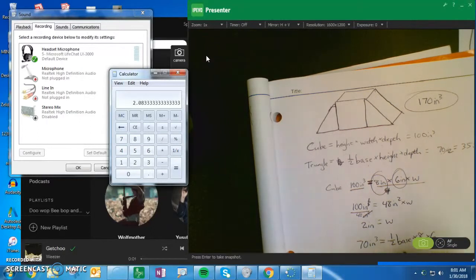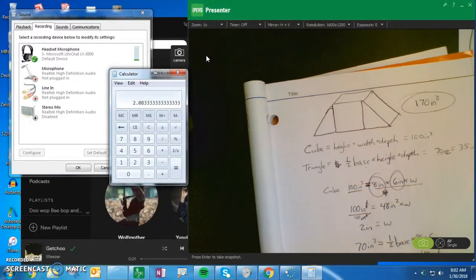Don't forget your units, 6 times 8 is 48. So 1/2 base times 48 inches squared equals 70 inches cubed. Now 48 times 1/2 is 24 inches squared times my base, which equals 70.